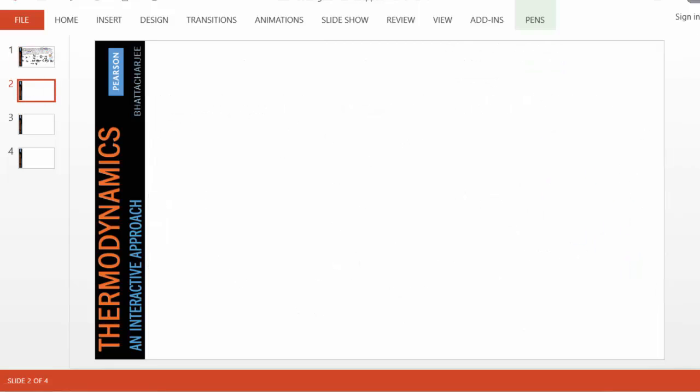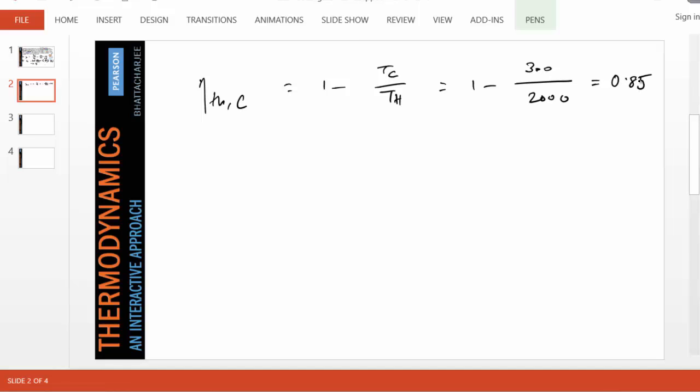We know the formula for Carnot efficiency is nothing but thermal efficiency Carnot, 1 minus Tc over Th, which is 1 minus 300 over 2000, which turns out to be 0.85 in this case, or 85%.